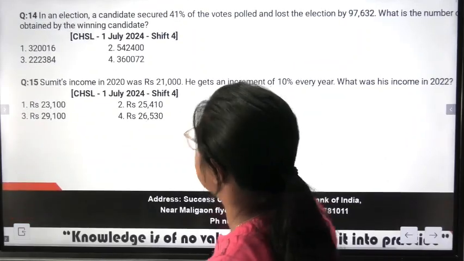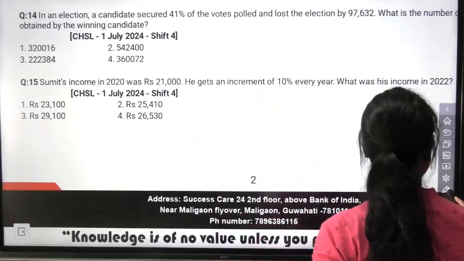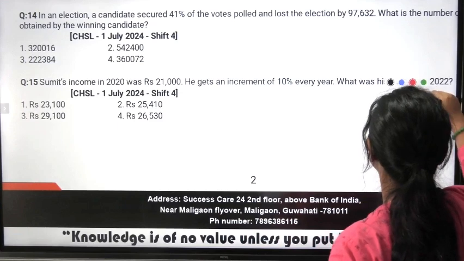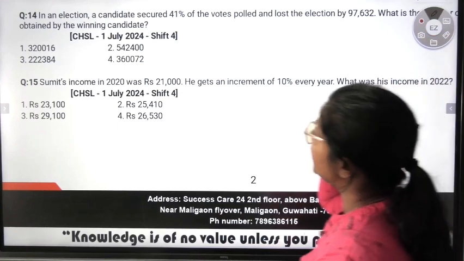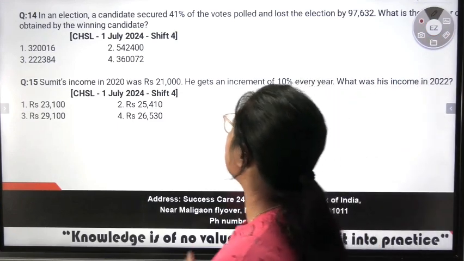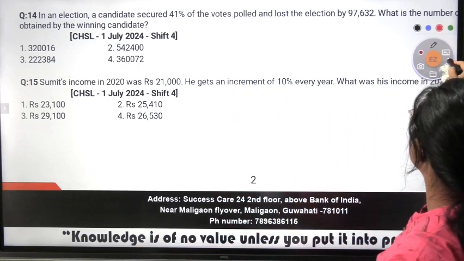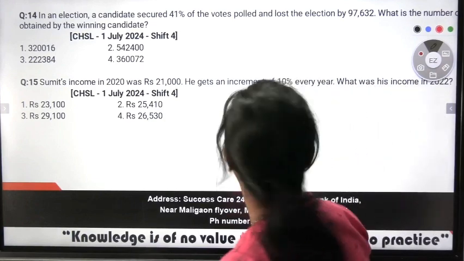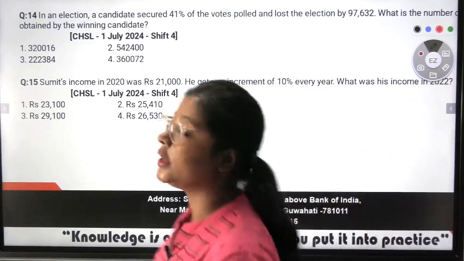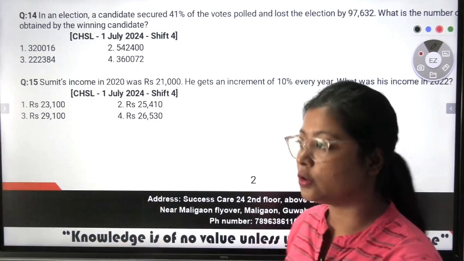Okay, let's do question number 14. Question number 14 is given as, in an election, a candidate secured 41% of the votes polled and lost the election by this. What is the number of votes obtained by the winning candidate? Same question I have done already.